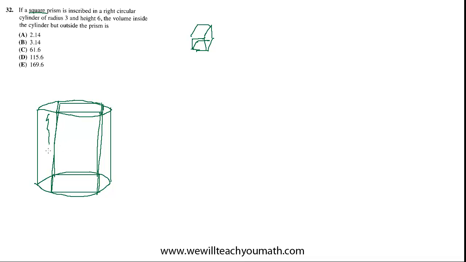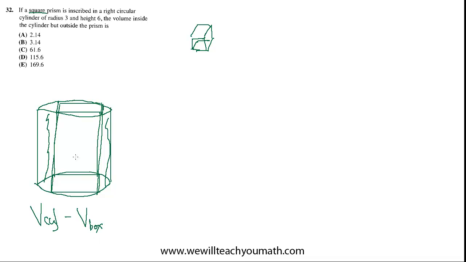So that's everything that's out here and out here. And the way to find that volume, since the square prism is inscribed in the cylinder, is to just find the total volume of the cylinder based on its dimensions that we've been given and subtract from that the volume of the box. I'm just going to call it a box instead of a square prism.